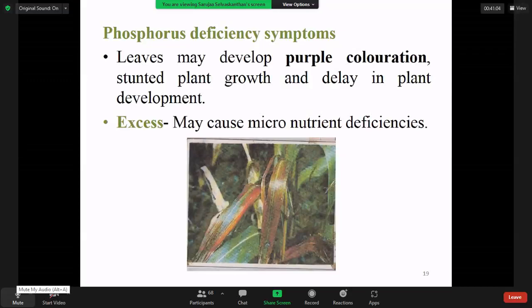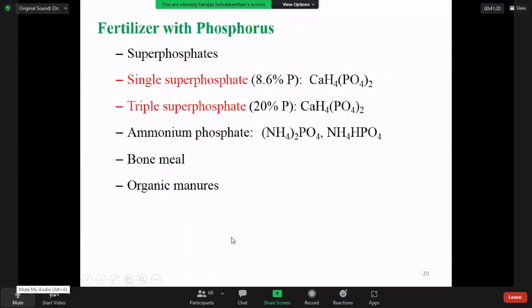If it is in excess, it may also cause micronutrient deficiency. From the pictures you can see there is a chance for the purple coloration.